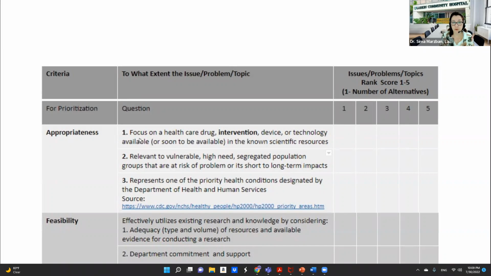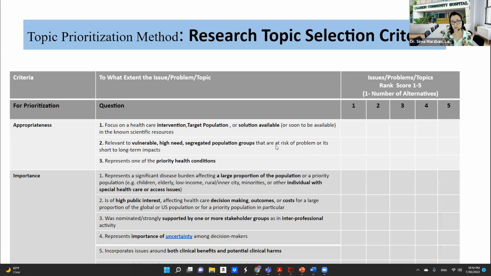To what degree is this topic about an available intervention, technology, or some non-scientific resources? I'm sorry, I've updated that slide to this one.